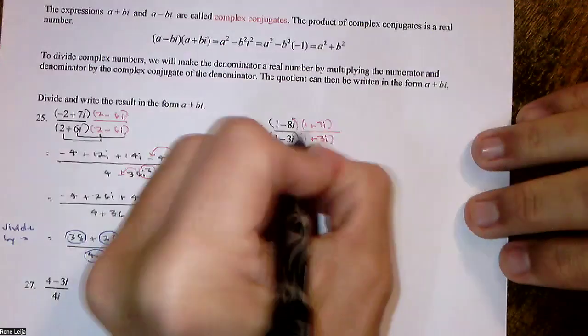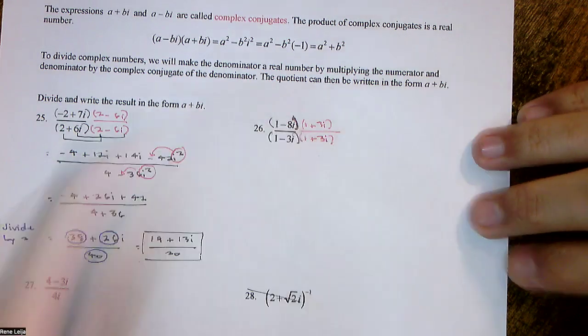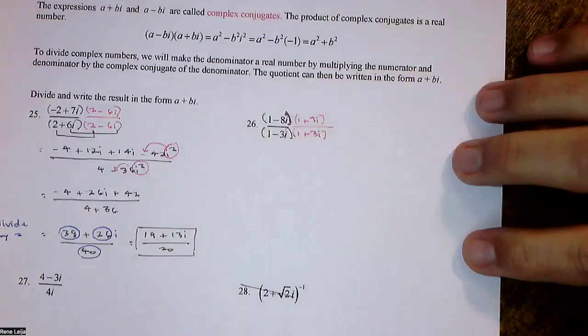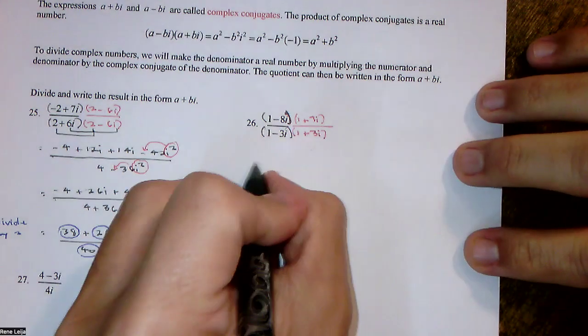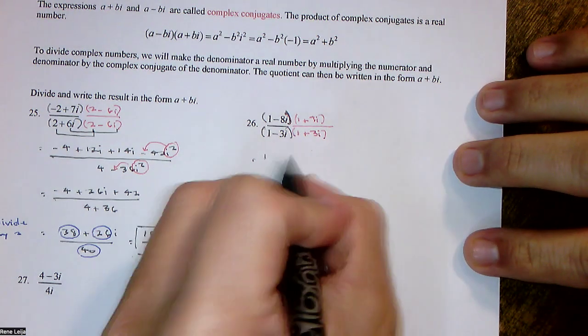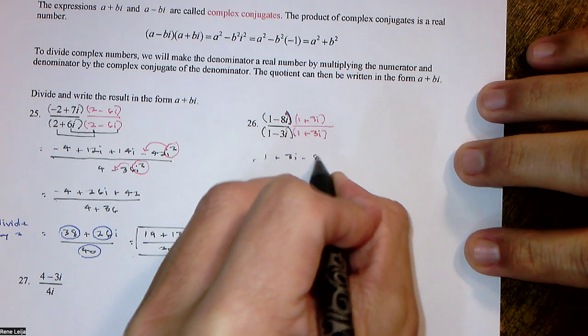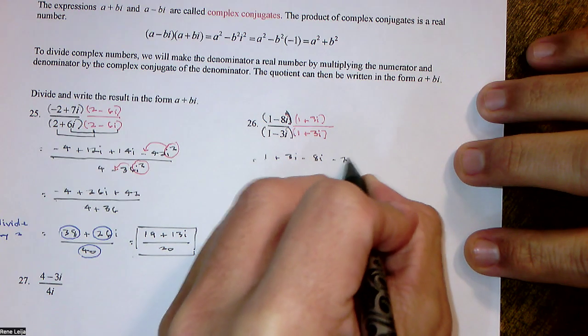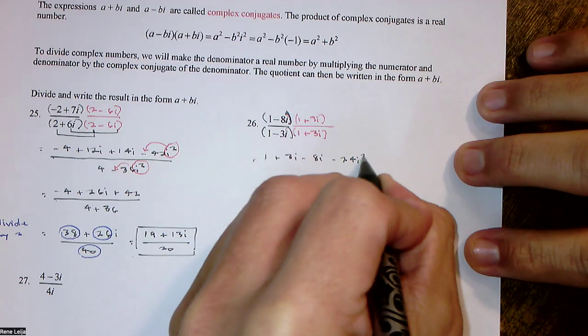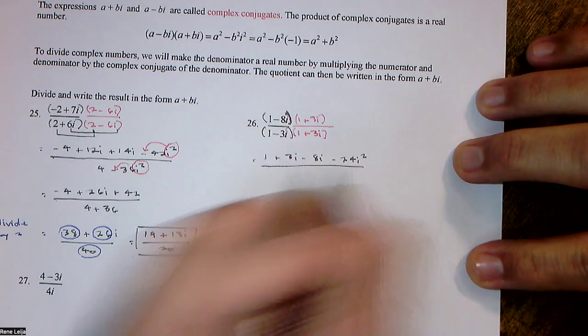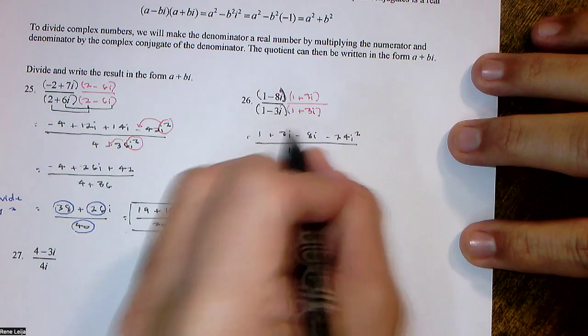Okay, so in the top, we have to FOIL. Here we go. 1 times 1 is 1. Outer is a 3i. Inner is a minus 8i. Last is a minus 24i squared. The bottom, 1 times 1 is 1.